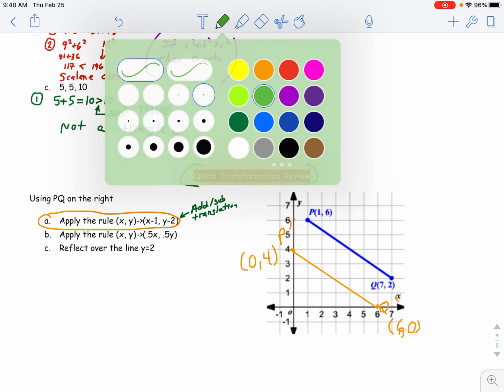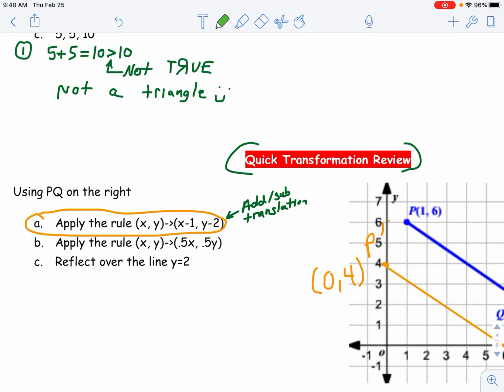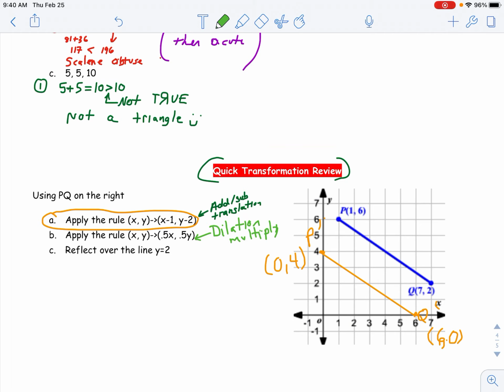Then when we see multiplication, so 0.5 times x, 0.5 times y, multiplying by a fraction, a decimal, a number bigger than 1, whatever that might be, that's dilation. That's when we multiply. So I'm just going to take my existing points and multiply everything by 0.5 or 1/2, or you can think of it as dividing by 2.